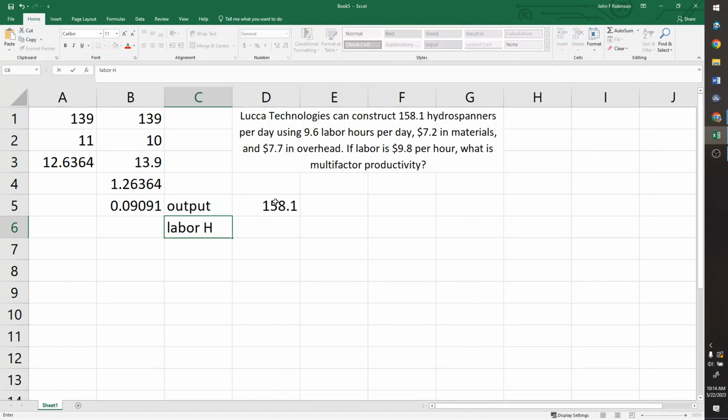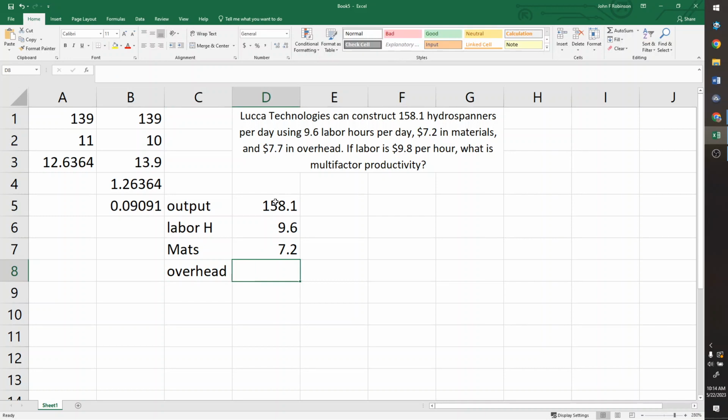Labor hours is 9.6. Materials is 7.2. Overhead is 7.7. And then we've got dollars per hour, 980. It's an old problem. You can't get Subway for that anymore.